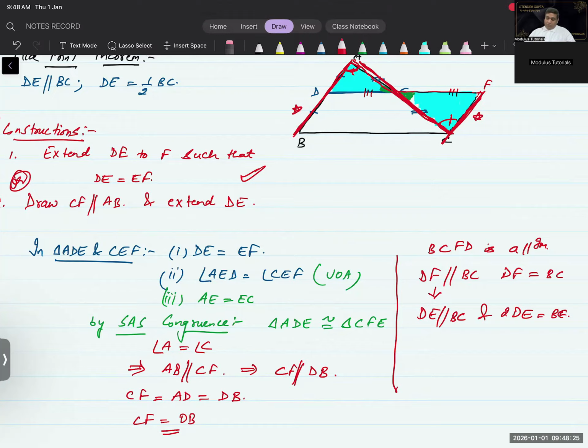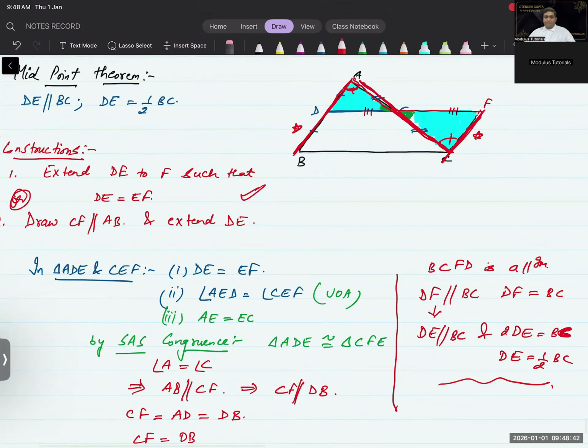So DE will also be half of BC. And this is exactly what we wanted, guys. Any problems whatsoever? So this is what we have as the midpoint theorem.